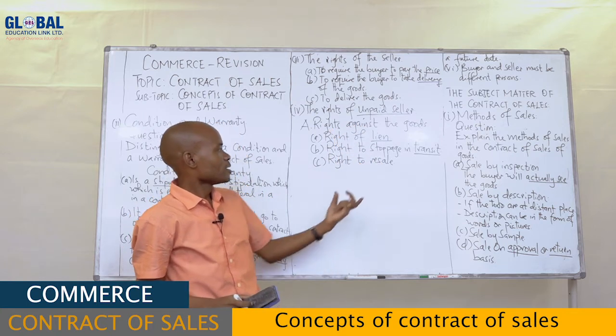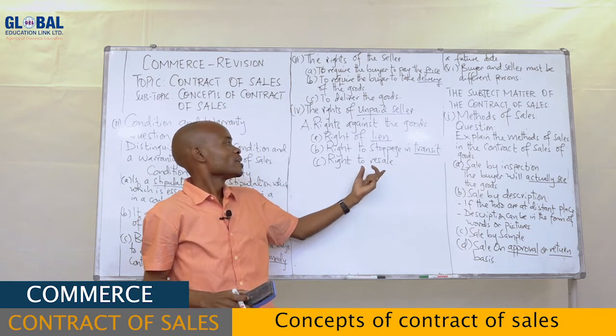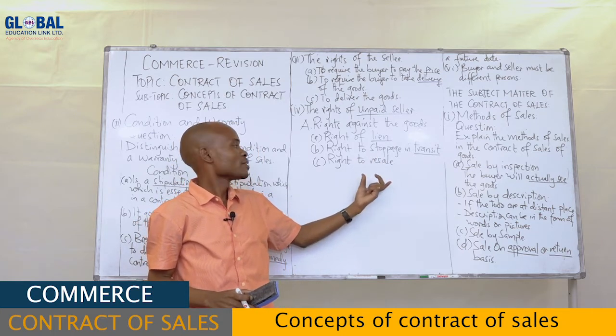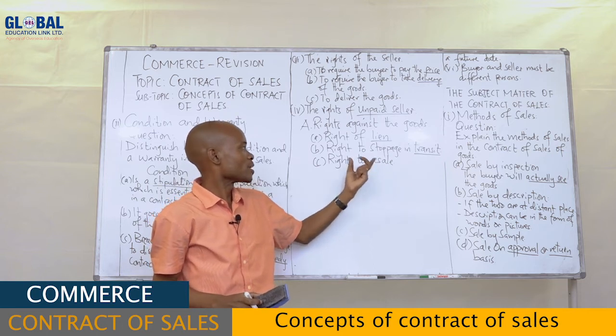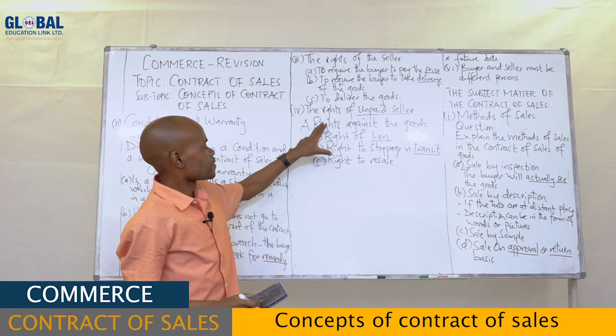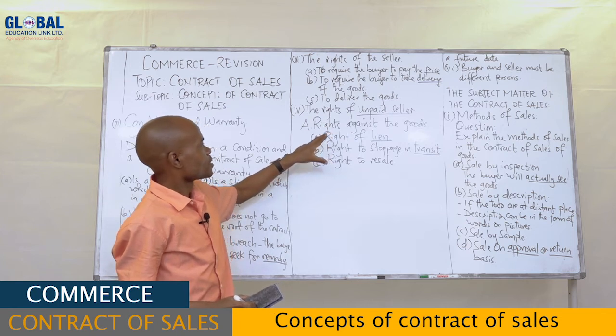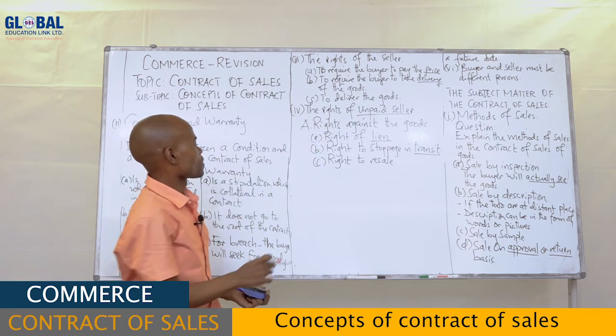But the condition is that he must notify the buyer that he is going to resell to someone else. So this is the first part about rights of the unpaid seller.